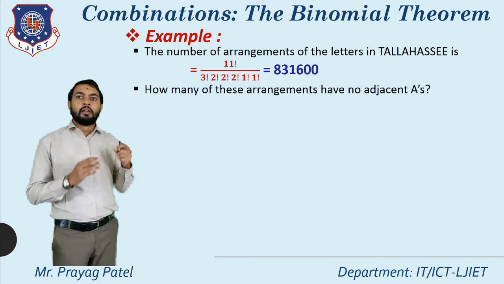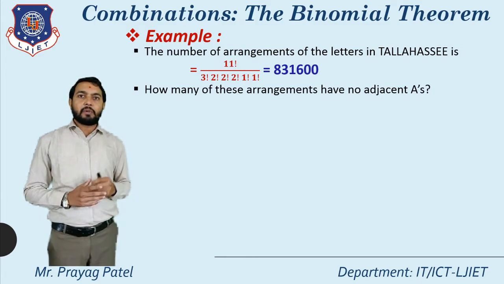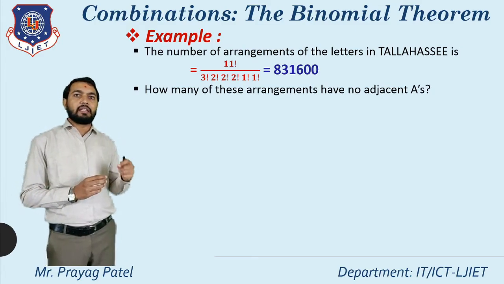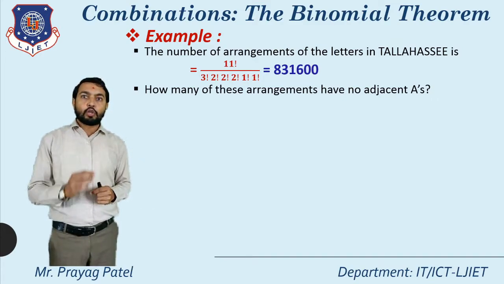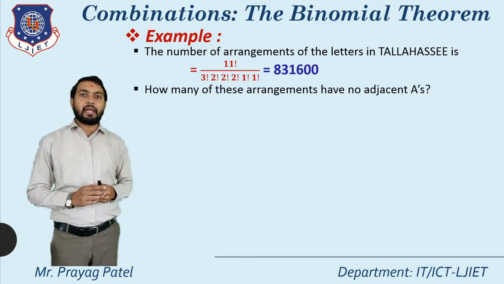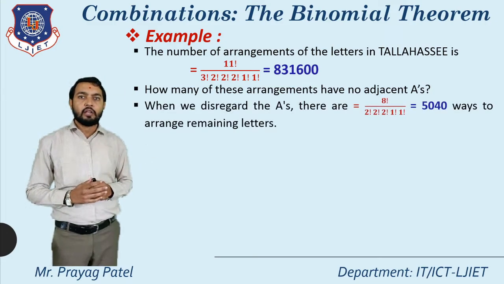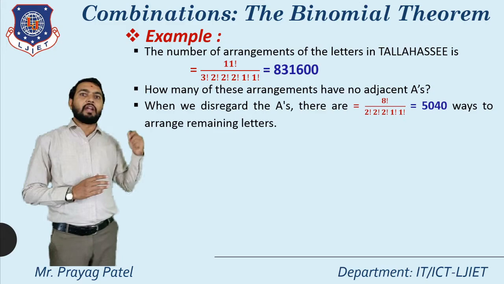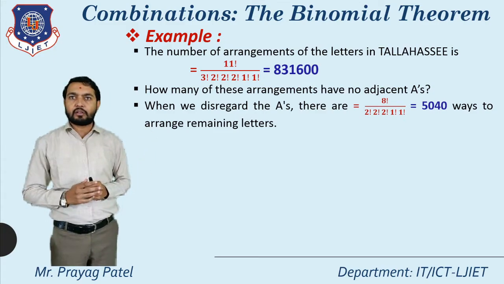Now, how many of these arrangements have no adjacent A's? That means you have to find arrangements where no two A's are adjacent. Here 3 A's are available, so subtract the 3 from the available 11 elements, leaving 8 elements.